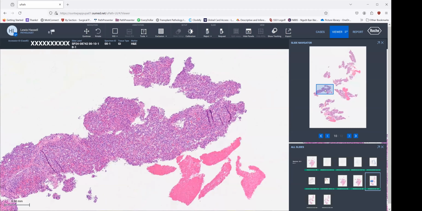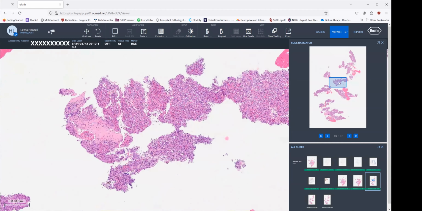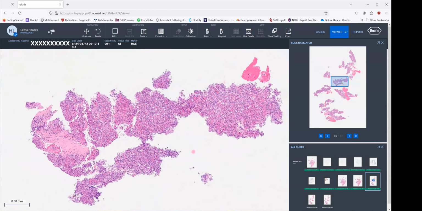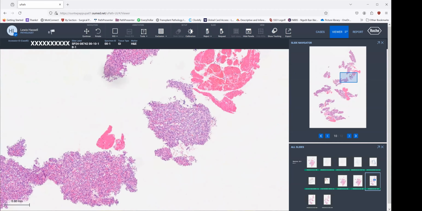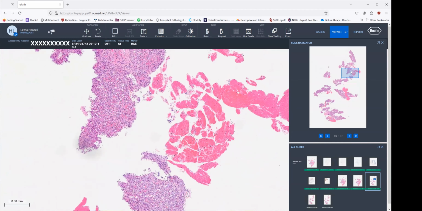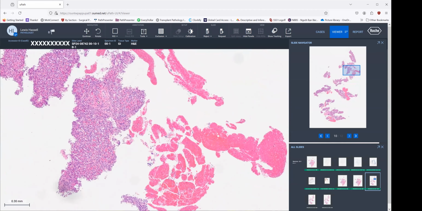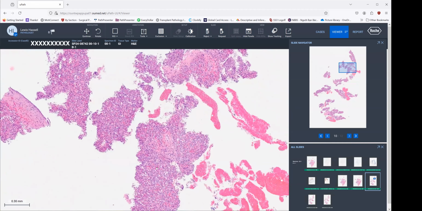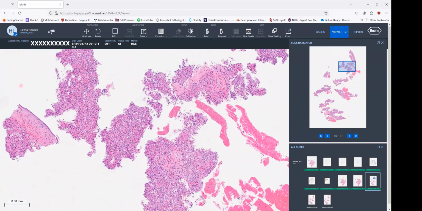So as you can see, there's tumor here, there's tissue here, but it does not look like liver tissue. It has a lot of blood associated with it. Some of it may be partially clotted and so forth, but it's a very cellular tumor.